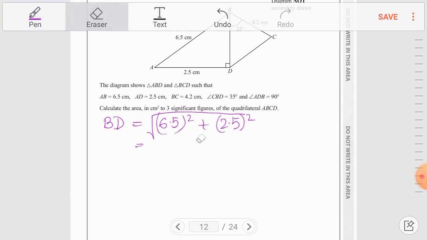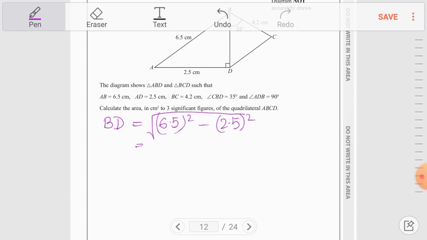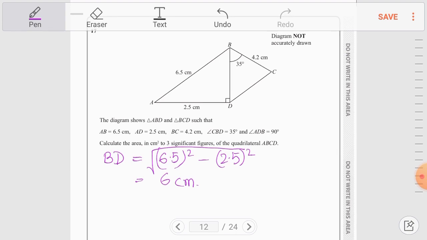Sorry, it would be negative, my bad. 6.5 square minus 2.5 square, and you get the value for BD is 6 centimeters. And now if we look at the diagram, we can find the area of the total quadrilateral ABCD by dividing it into two triangles. One triangle is ABD, another triangle would be BCD.